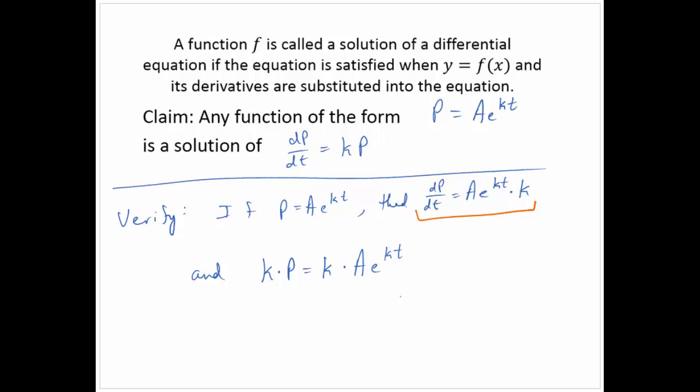And so therefore dp dt is in fact equal to kp for p equals a e to the kt, because both of those are equivalent, right? a e to the kt times k is equal to k times a e to the kt. So we verified that that is a solution.